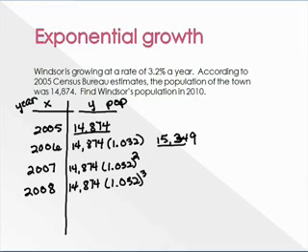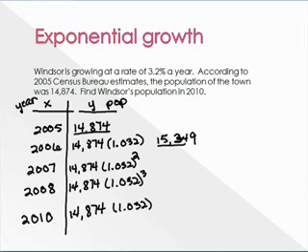Seeing a pattern here? So if I want to figure out then the population in 2010, well, 2010 is how many years after 2005? Well, it's 5 years later, so we'd have to multiply our population from 2005 times 1.032 to the 5th.